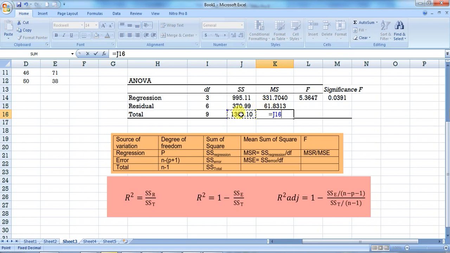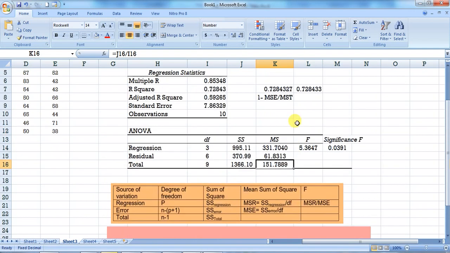So first we calculate. Now we have regression mean sum of square, residual mean sum of square, and the total mean sum of square. So we calculate 1 minus error mean sum of square divided by total mean sum of square. You can put brackets, or automatically it will consider.